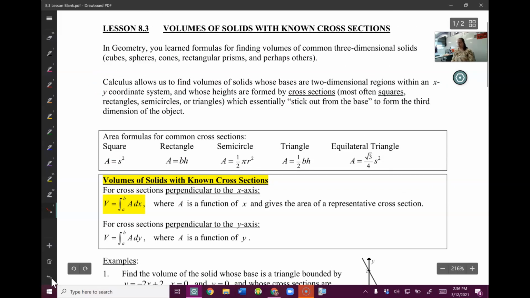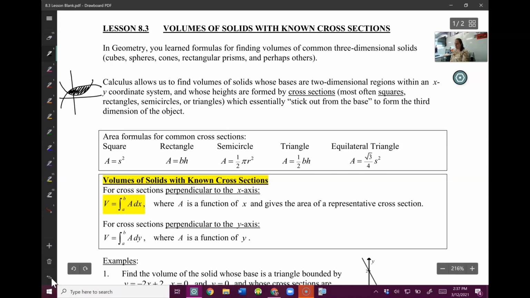Calculus allows us to find volumes of solids whose bases are two-dimensional regions. So, for example, what we were doing last chapter, where we were finding the area of that is a two-dimensional region, a length times a width.